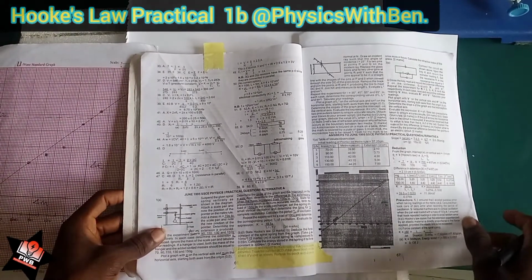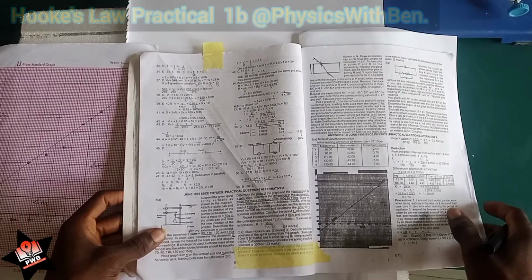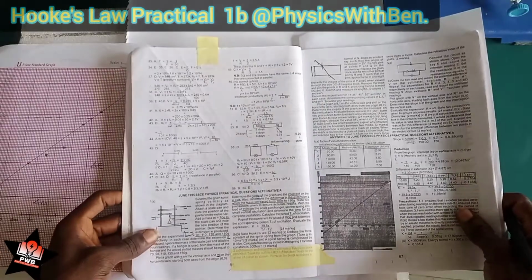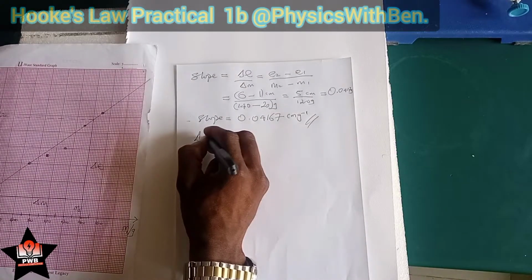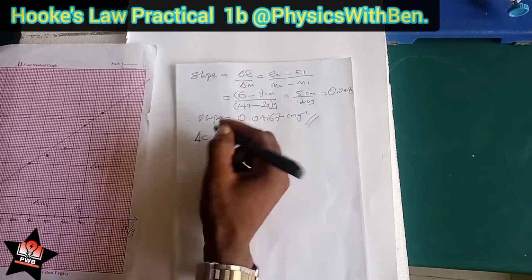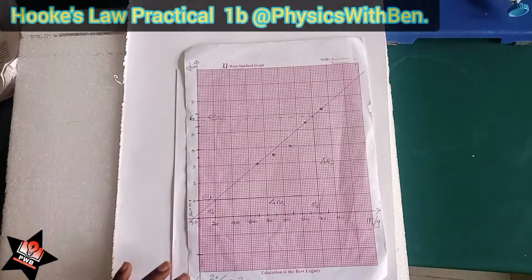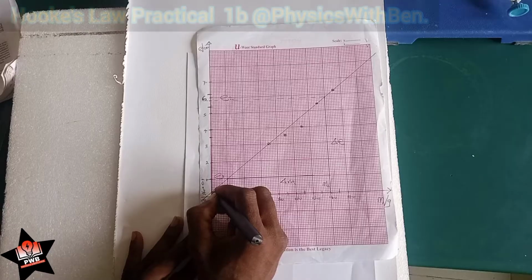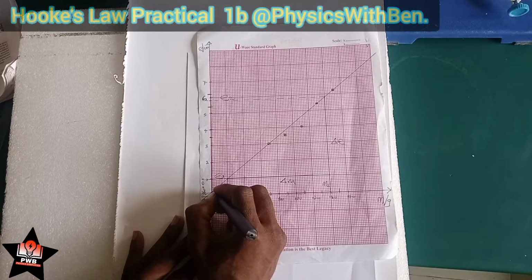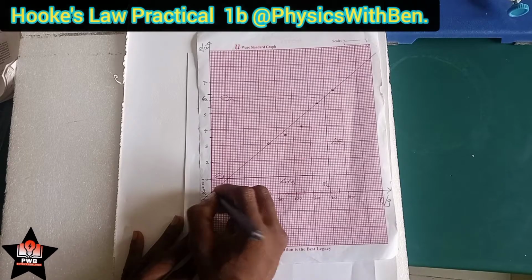The next thing the examiners ask us to find is the intercept. The intercept, change in C, is a symbol for the intercept in physics. So how do you find the intercept? The intercept is where the straight line touches the vertical line.